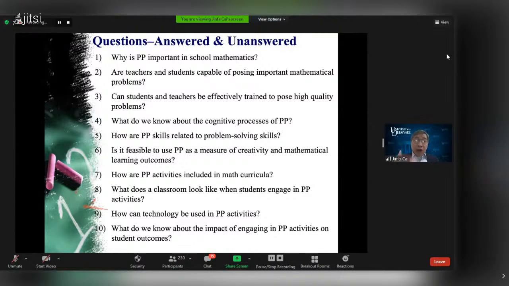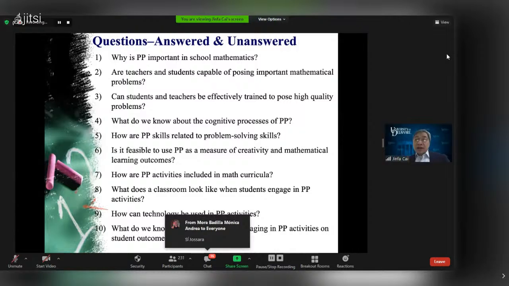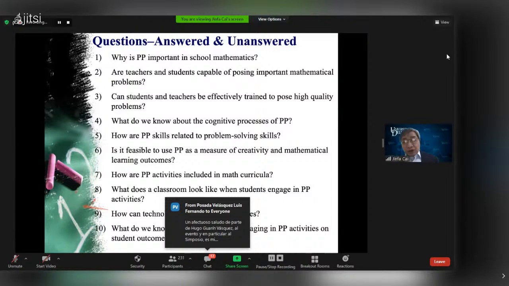In this chapter, I used 10 questions to try to synthesize the research that has been done on mathematical problem posing. In particular, I discussed certain things we already know, and certain aspects we still don't know. We still need more work to do.